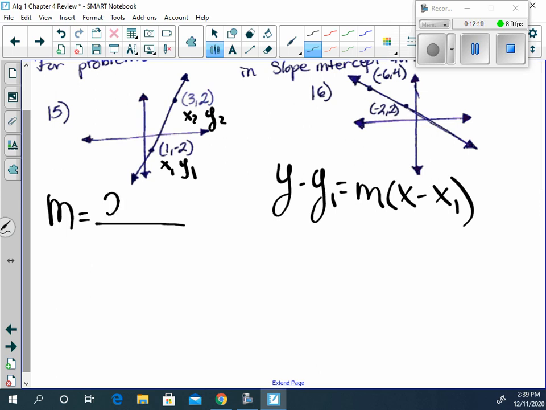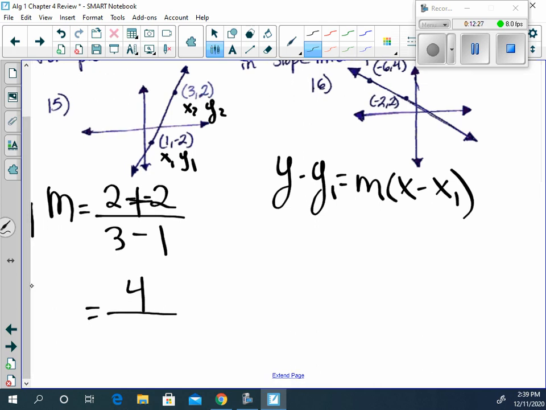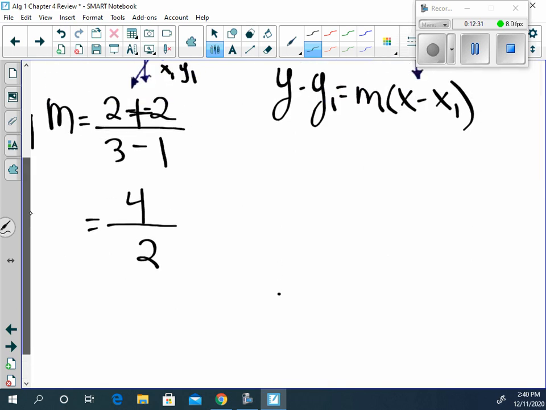Now we're going to find the slope. So we have y2 minus y1 over x2 minus x1. Now on top, a negative and negative make a positive. So 2 plus 2 is 4. 3 minus 1 is 2.